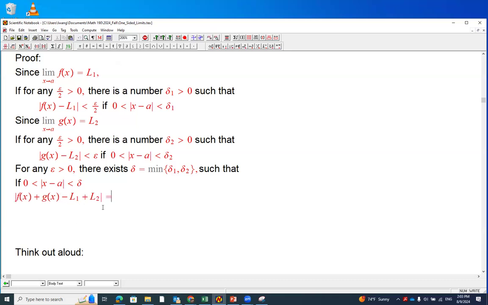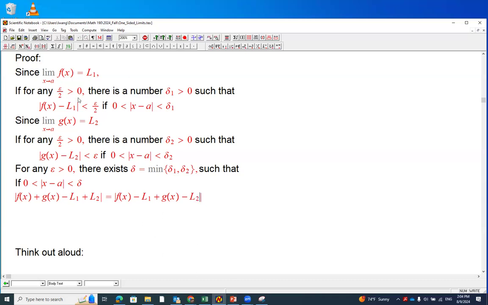So this absolute value, I'm going to regroup it: f of x is regrouped naturally with L sub 1, plus g of x is regrouped with L2 naturally.